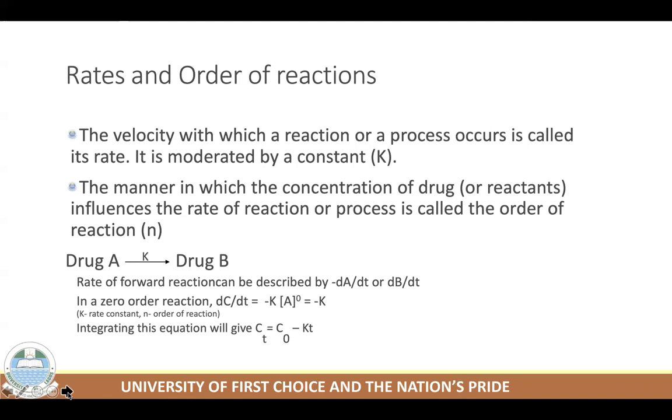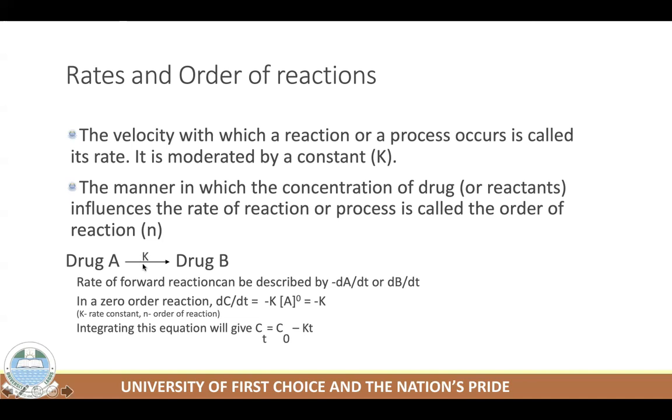So a zero order reaction simply means that the concentration of the drug does not affect the rate of the process's progression. So, for example, if you see this example where drug A is undergoing a process to become drug B, or for example, the concentration of drug A in a particular part of the body is changing, or equilibrating with another part of the body, right?